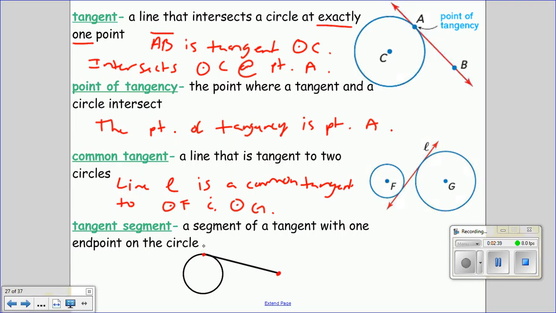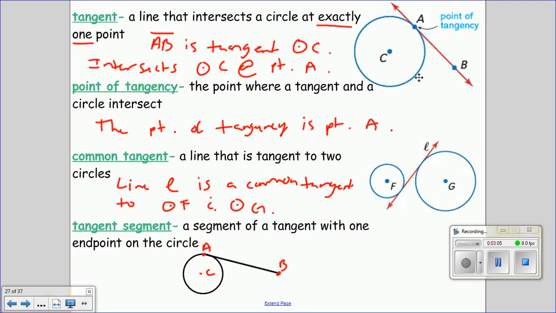So let's say again it's AB, because it starts at circle, let's say circle C. Since the tangent line starts on the circle and finishes off in space, then it's a segment.